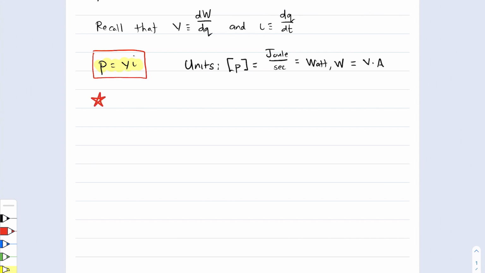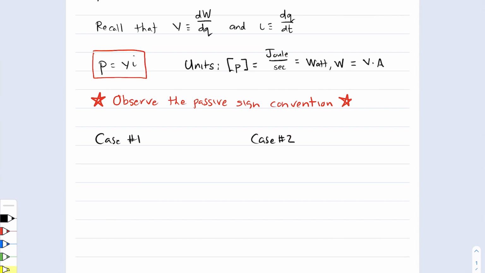You have to be careful to observe and respect the passive sign convention. That means the definition of power we just derived from first principles is only half of the story. So I want to go back and take a look briefly at two separate cases.